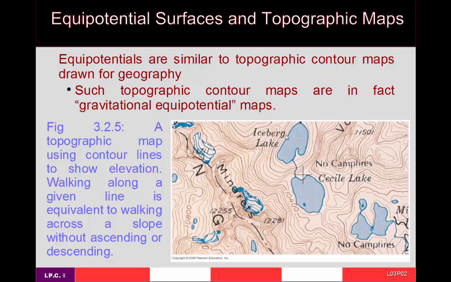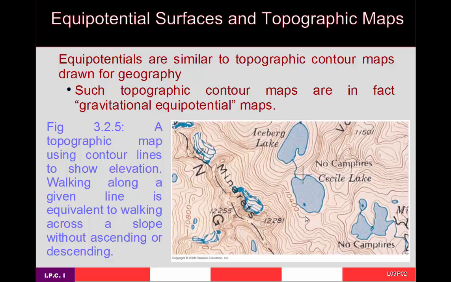So right here we have some map of maybe a campground with some lakes, and you can see that there are different curves that surround the lakes or surround each other. And each of these curves basically represents a same elevation above sea level.